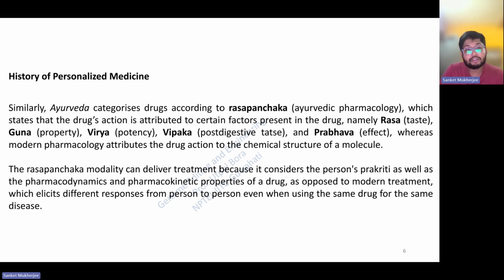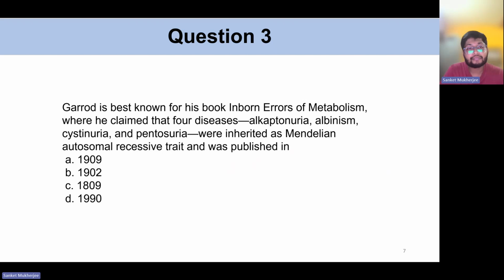Whereas modern pharmacology attributes the drug action to the chemical structure of a molecule. The Ras Panchaka modality can deliver personalized treatment because it considers the person's prakriti as well as the pharmacodynamics and pharmacokinetic properties of a drug, as opposed to modern treatment, which elicits different responses from person to person, even when using the same drug for the same disease.